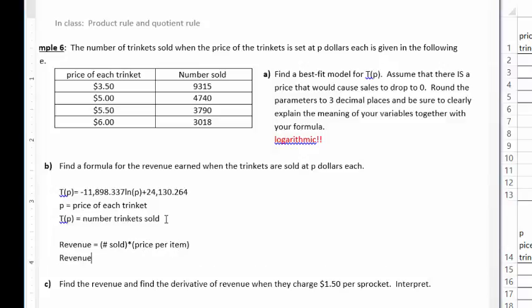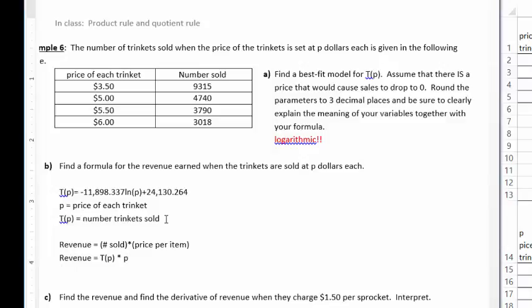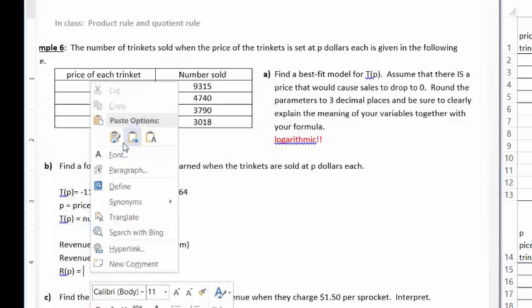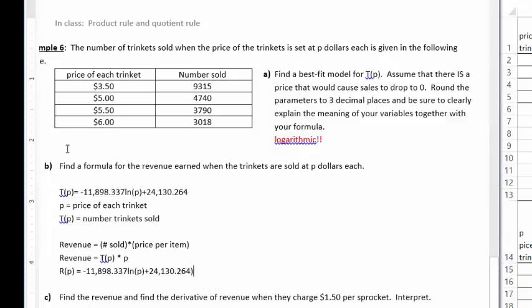So revenue is number sold, which is T of P, times price per item, which is P. So we can now say that the function R of P is this T of P function, the logarithmic function we found using Excel. Put that whole function in parentheses times P.